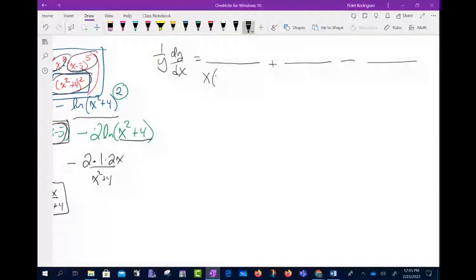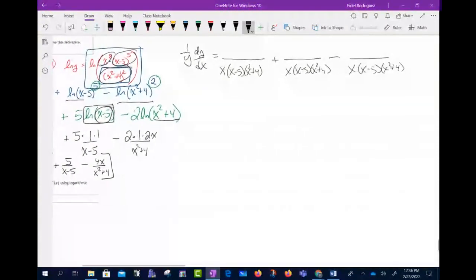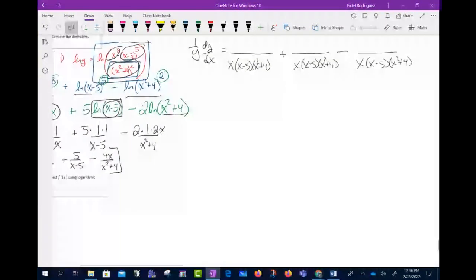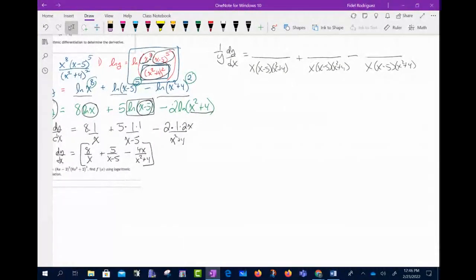Okay, so my denominators were x, x minus 5, and x squared plus 4, x, x minus 5, and x squared plus 4, x, x minus 5, and x squared plus 4. Okay, so this is going to be the name of the game.